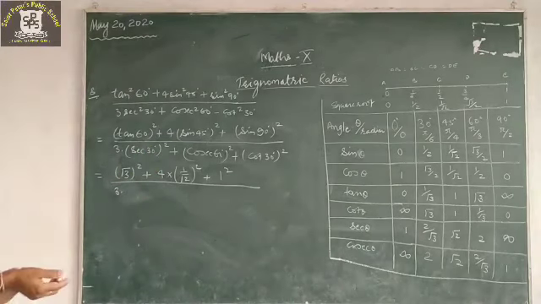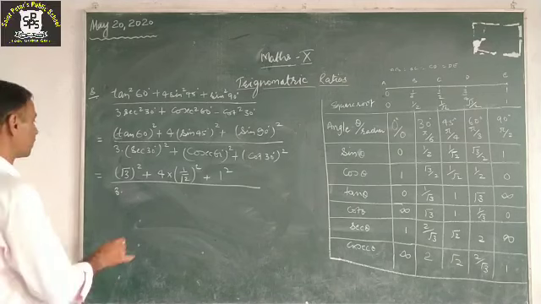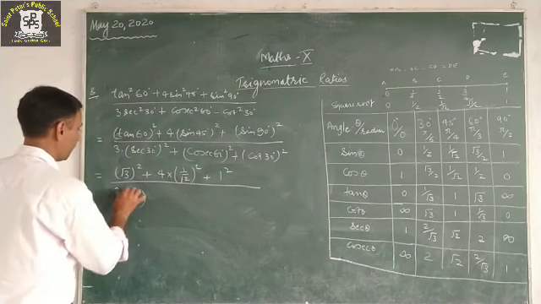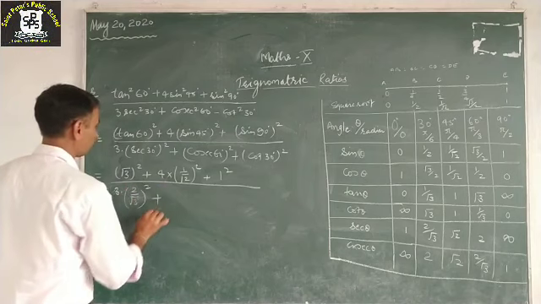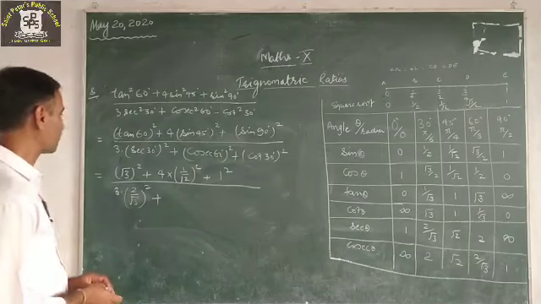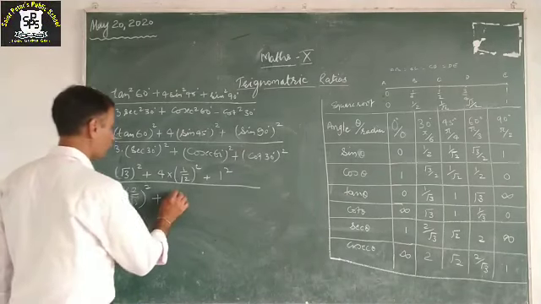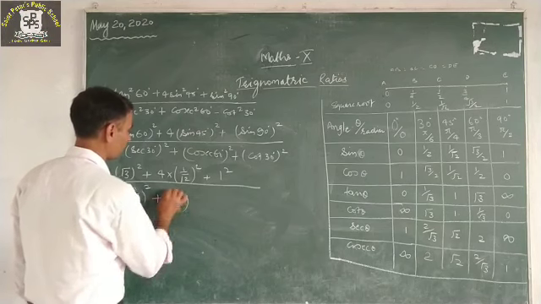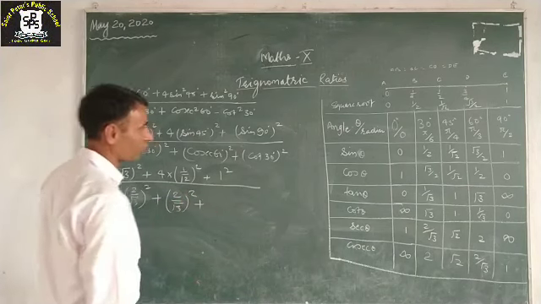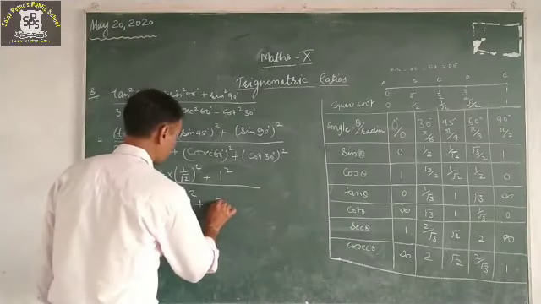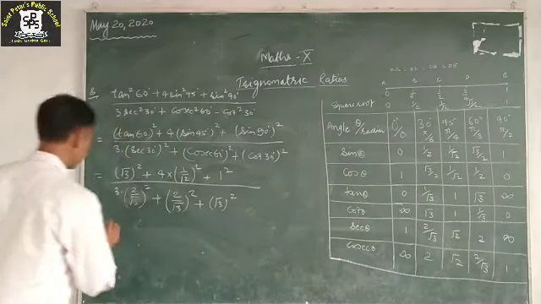The value of sec 30 degree is 2 upon root 3, so 2 upon root 3 squared, plus cosec 60 degree. The value of cosec 60 degree is also 2 upon root 3, squared, plus the value of cot 30 degree, which is root 3, and take a square of this.